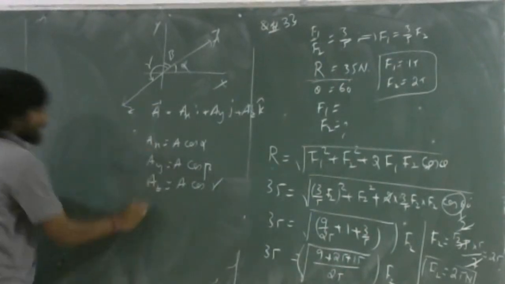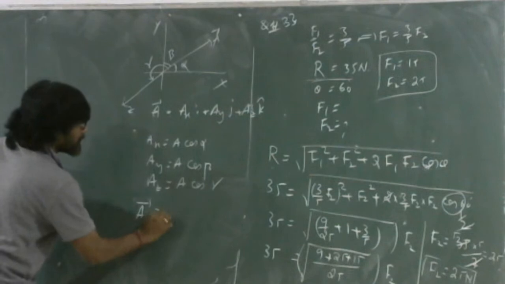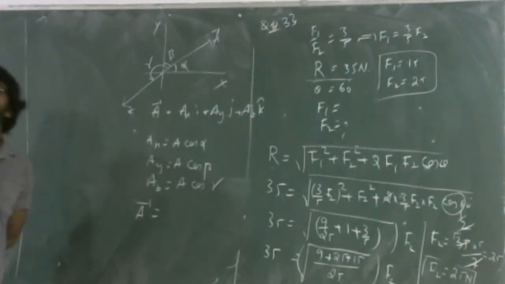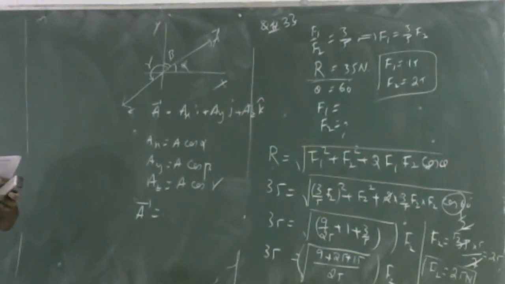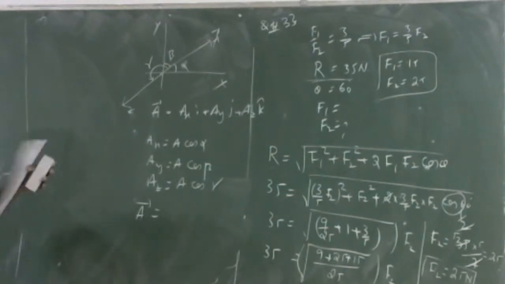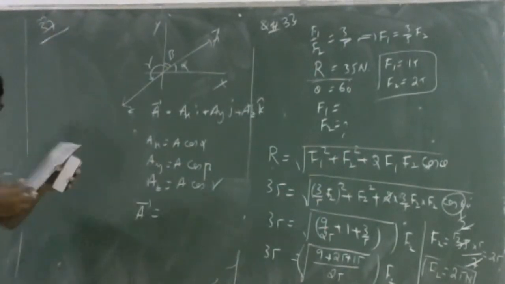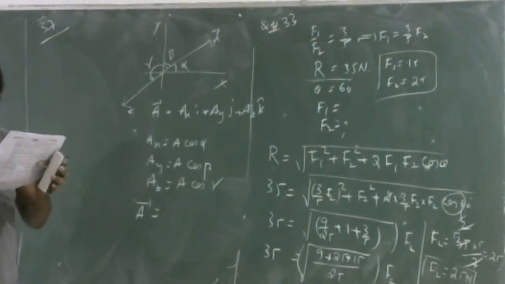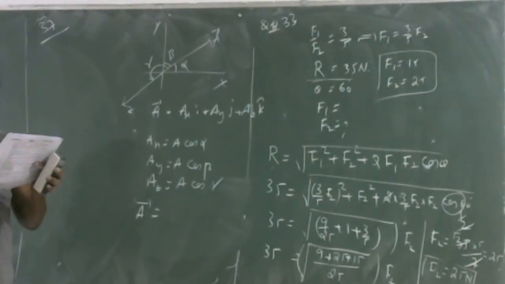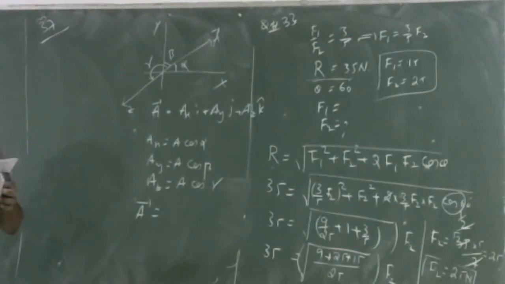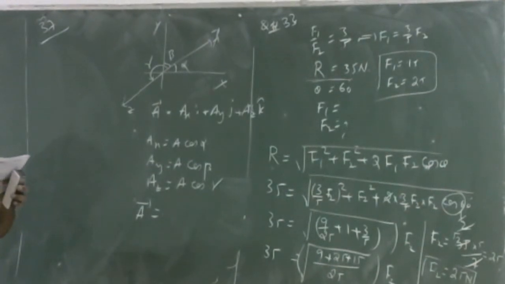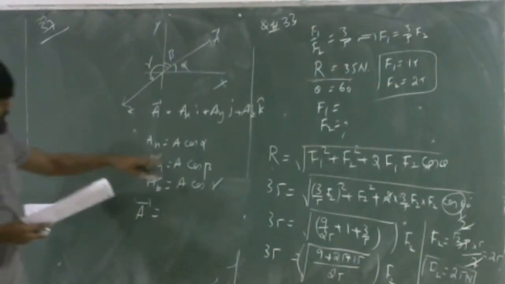So if you substitute, you can write the vector in terms of these, when cos alpha, cos beta, cos gamma are given and the vector magnitude is given. Question number 37. Cos alpha, cos beta, cos gamma are given, so is this A cos alpha?